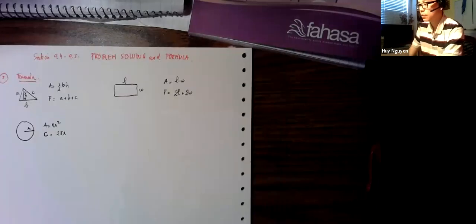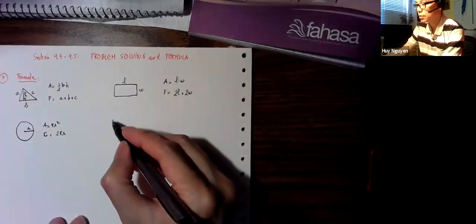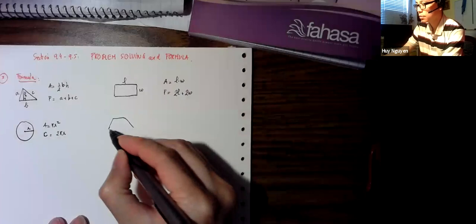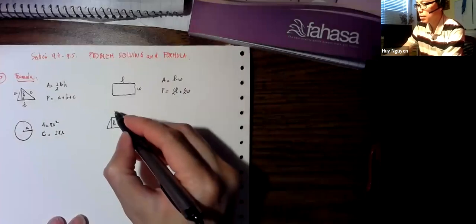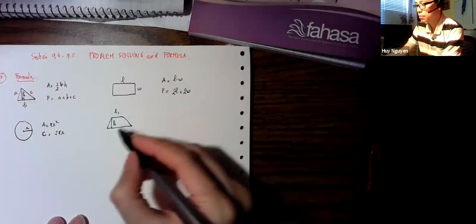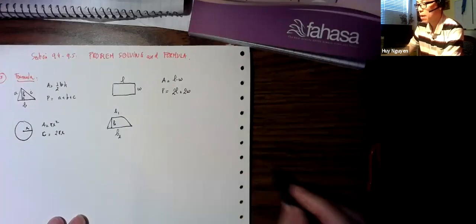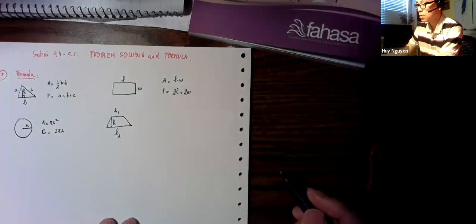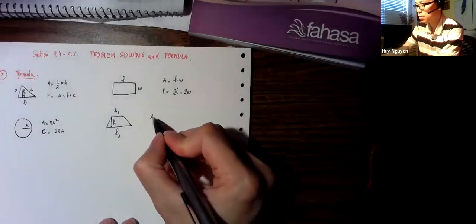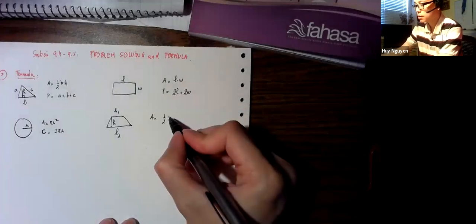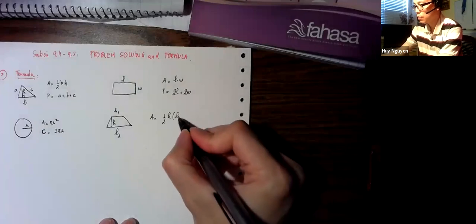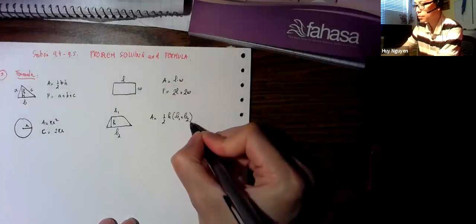For the trapezoid, this is the height. B1 represents the top base, and B2 represents the bottom base. So the area will be 1/2 times height times (B1 plus B2).